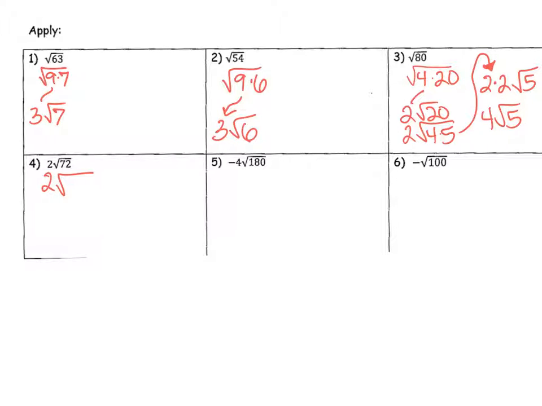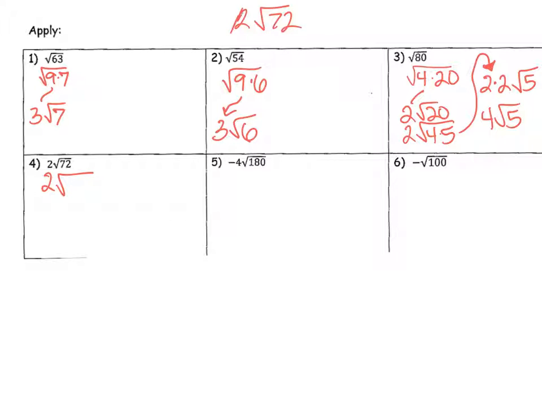It's 12 rad 2, or 6 rad 2. See how it's 6 rad 2? Example 3? We did 9 times 8. We didn't do 36 times 2. Okay. Here's the deal.